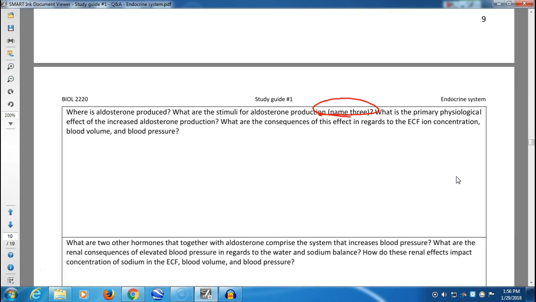General psychological stress increases aldosterone production, which leads to, question? High potassium. So it gets rid of it. Increased aldosterone production, high blood pressure. So blood volume goes up, blood pressure goes up, potassium concentration goes down. This is renin and angiotensin.